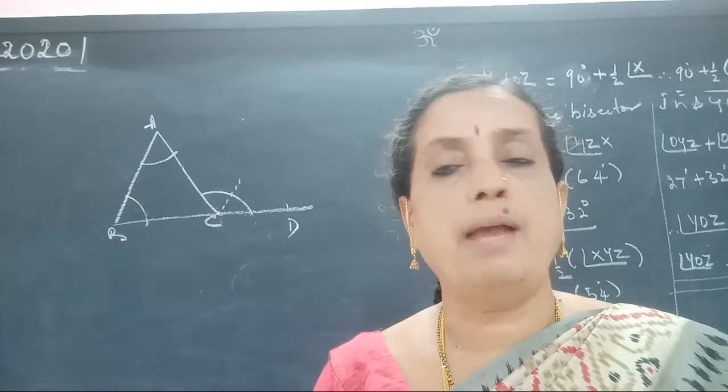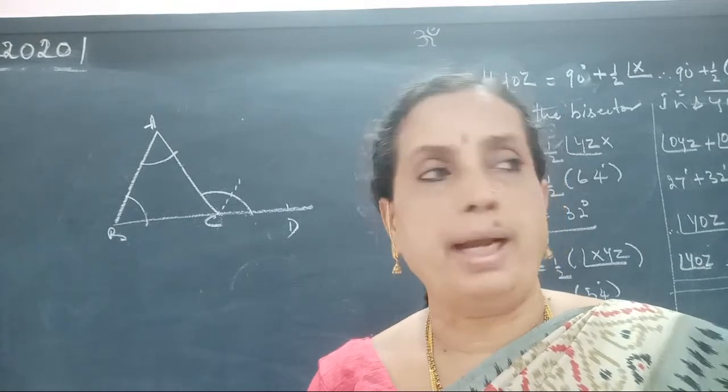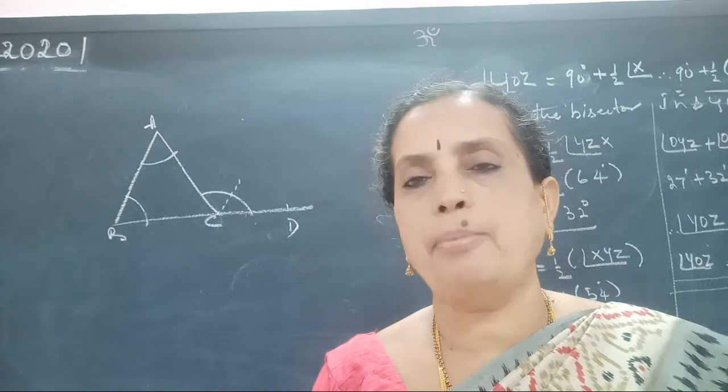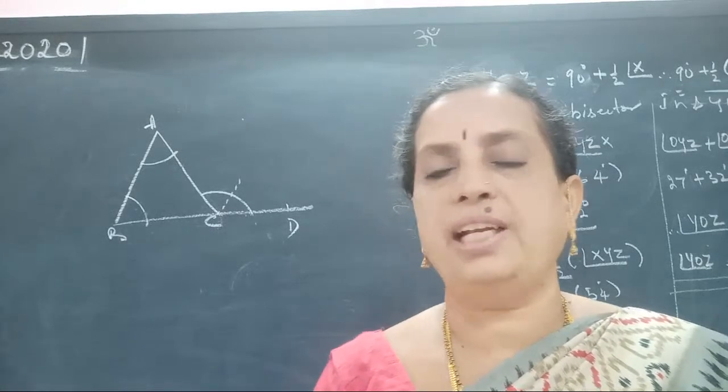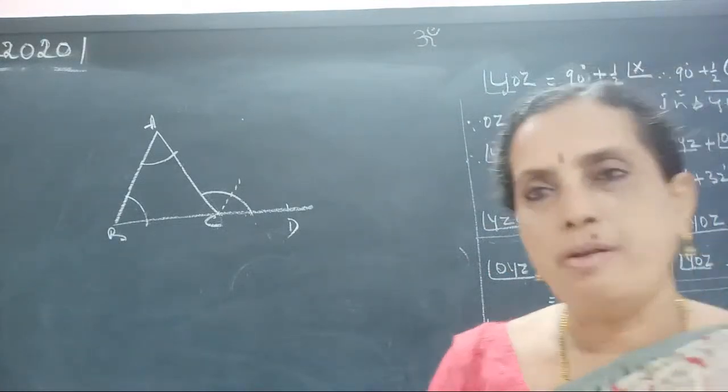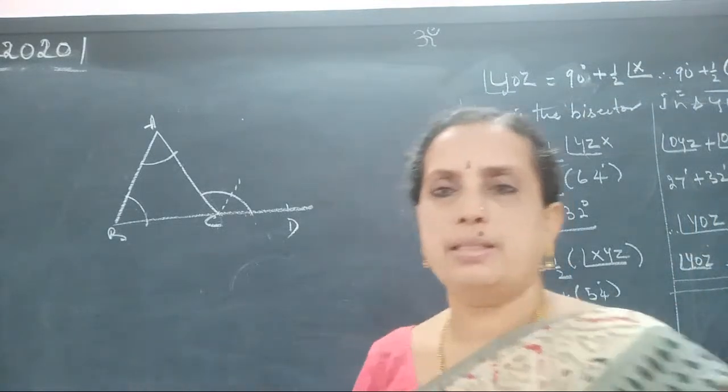If possible, I will try to show that by moving the recorder, because I am not perfect with this technical stuff, otherwise I could have done that earlier. Anyhow, I am trying to show that using this board.